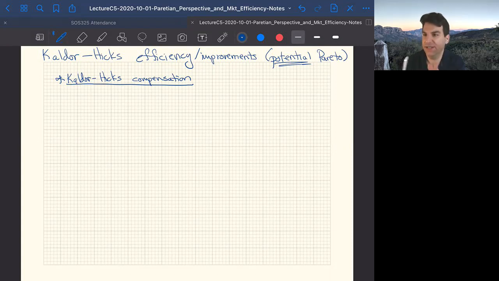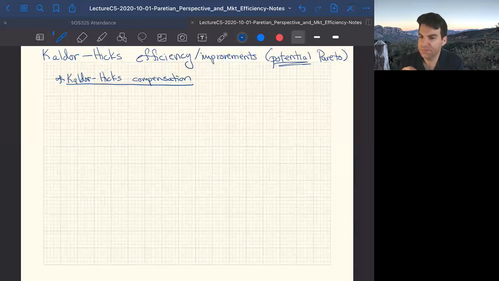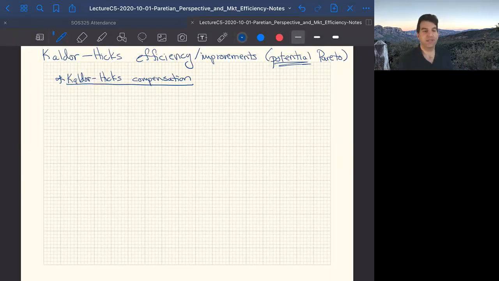Go ahead. Is this the thing where it can leave some people worse off, like Jeremy said in the chat, if the people who benefit have the ability to compensate those people, even though they're not required to do so? Yes, that is exactly right. That's what Kaldor-Hicks compensation is. It's well said.